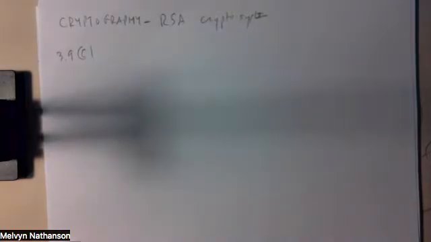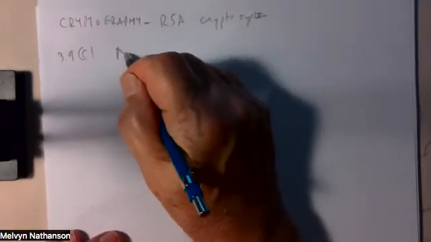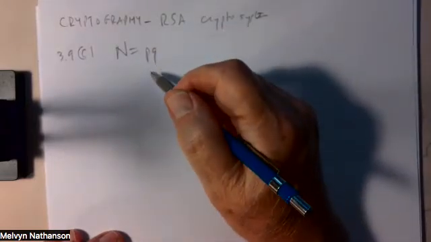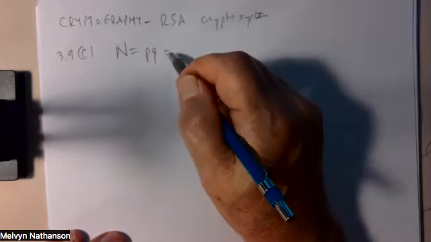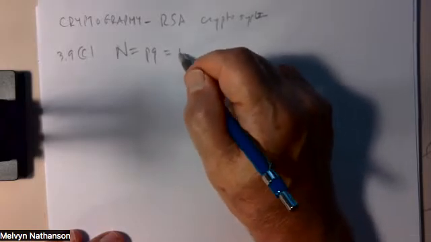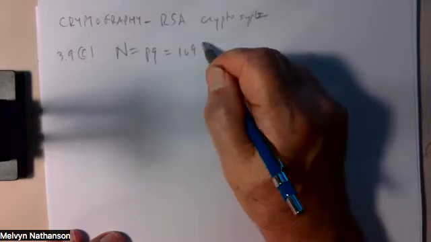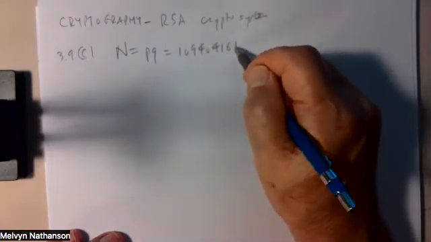We're given a number n, which is a product of two primes, p and q, and the product is 109,404,161.